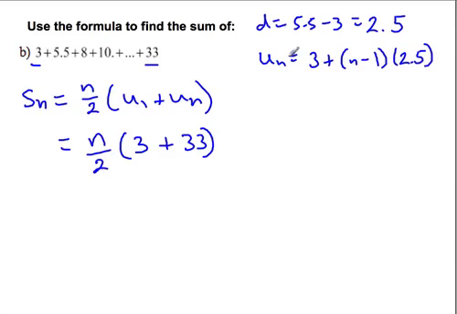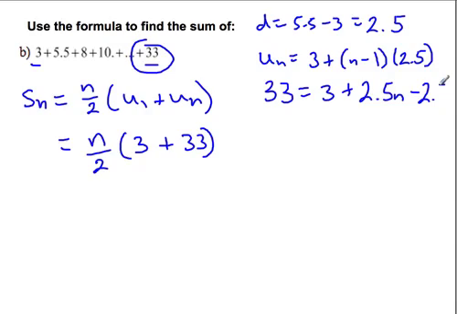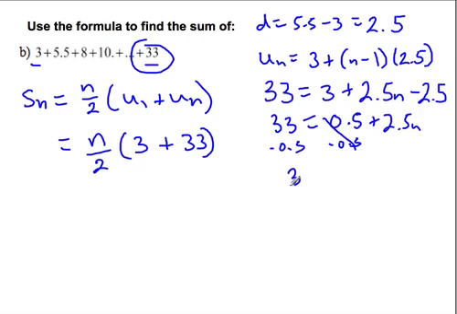Now we can find n by using the fact that the last term is 33. 33 equals 3 plus 2.5n minus 2.5. And now 3 minus 2.5 is 0.5, so 33 equals 2.5n plus 0.5. Subtracting 0.5, we get 32.5 equals 2.5n.